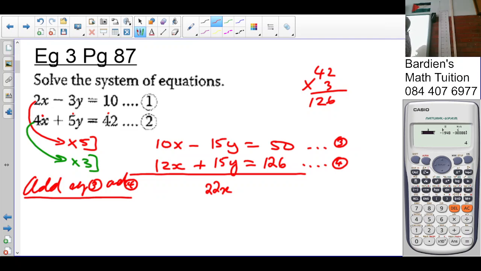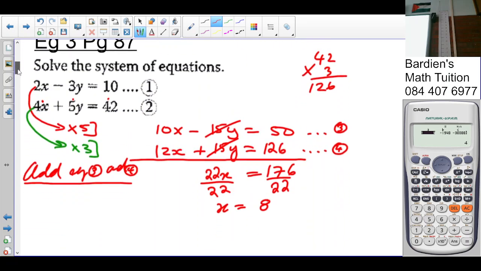Which is equal to 50 plus 176. So if I divide by 22 both sides, x is equal to 8. Okay. Yes.